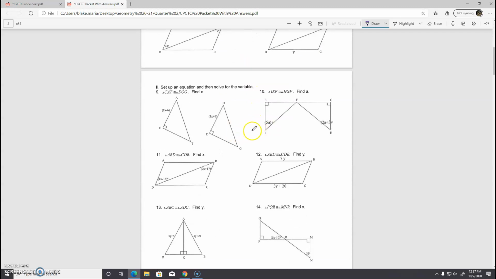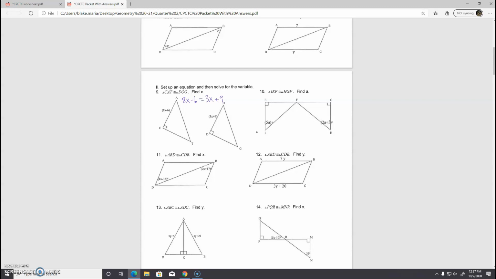So find out which ones go together. Scrolling down a little bit, when you start getting to the equations, find out what pieces are equal. Here we go, CAT and DOG again. So again, CA has to equal DO. And you're going to solve. That's not done yet. So subtract your 3x, add your 6, all that fun stuff.